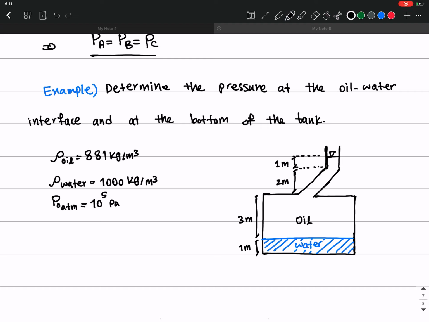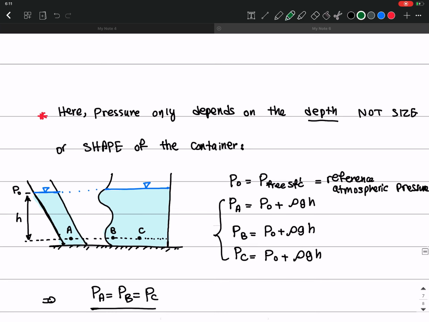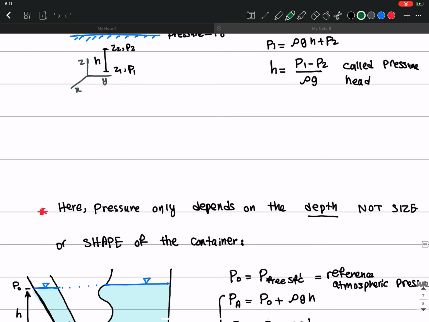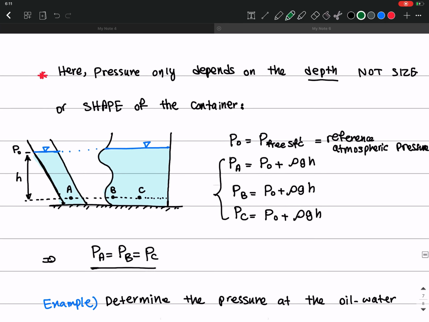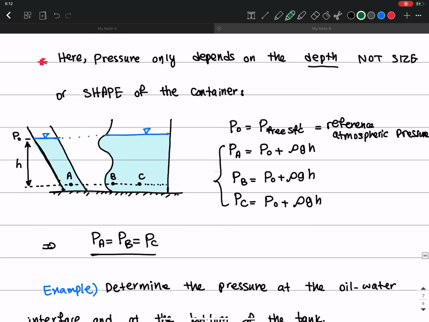Now the question asks me to find the pressure first at the oil-water interface, which means here, and then second, at the bottom of the tank, which means anywhere here. One thing we know from the previous lecture is that the only important parameter here is the depth in the fluid.